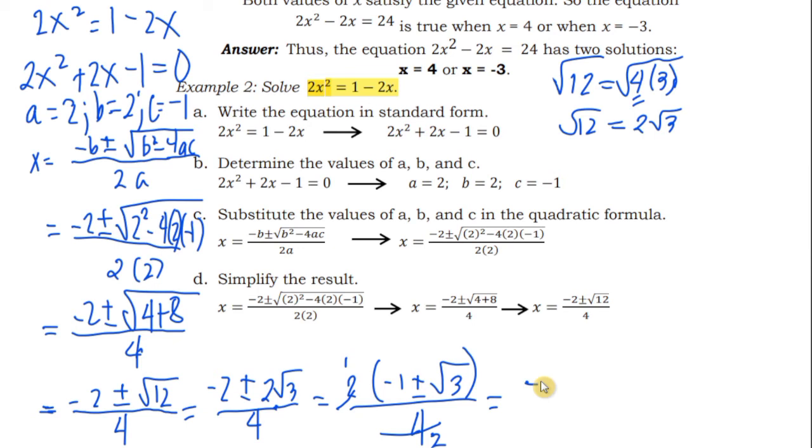So the first value of x is negative 1 plus square root of 3 all over 2. And then the second value of x is equal to negative 1 minus the square root of 3 all over 2. As we check it, this is the checking that we have.